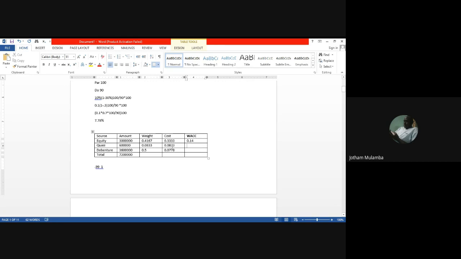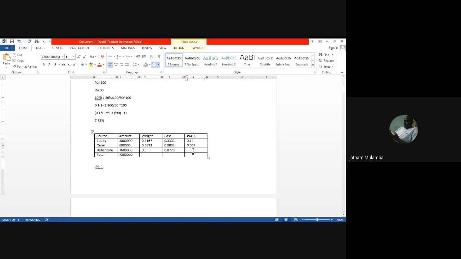Multiply 0.0833 times 0.0833. What do you get? 0.007.